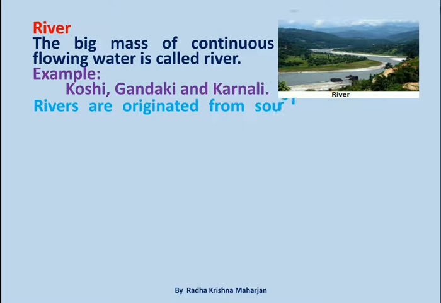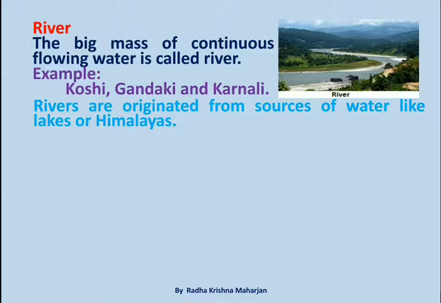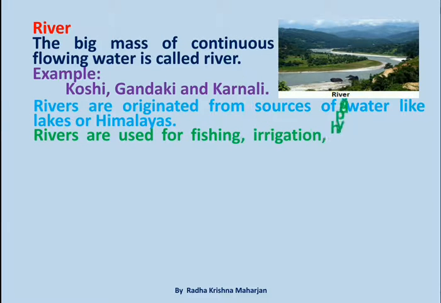Rivers originate from sources of water like lakes or Himalayas. Rivers are used for fishing, irrigation, and hydropower production.